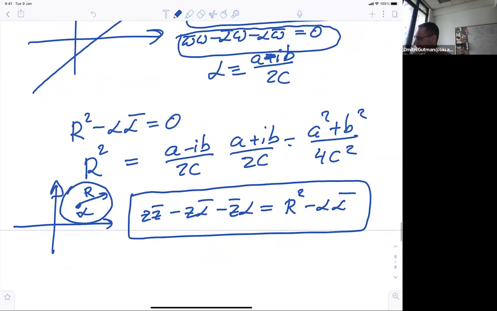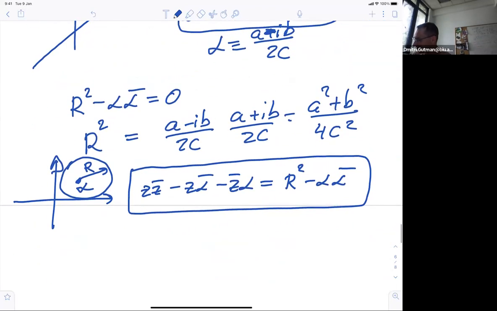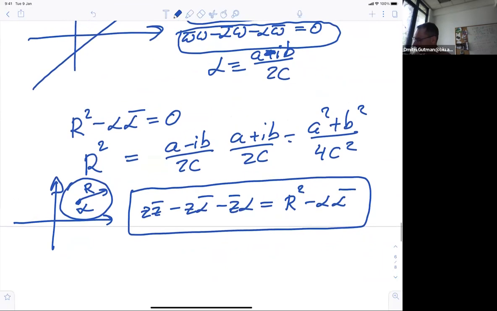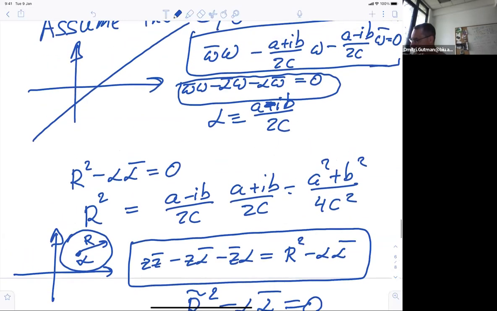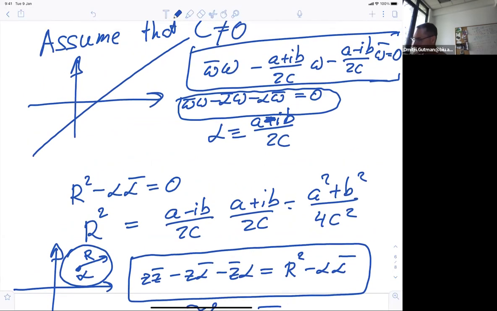My conclusion from there is that for this equation, I got a circle with some radius r tilde, such that r tilde square minus alpha alpha bar is equal to 0. Okay. That's that. So the conclusion is that I started with the line that was not passing through the origin, and under the mapping, I got a circle.